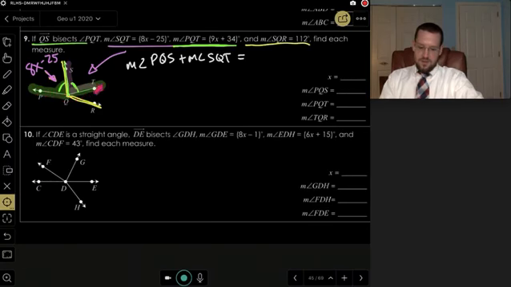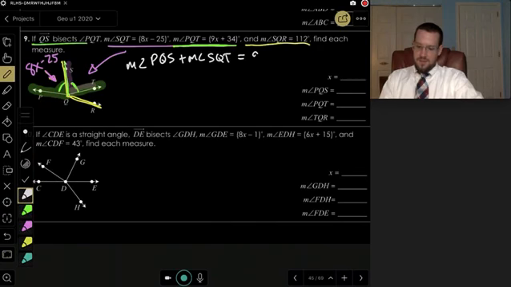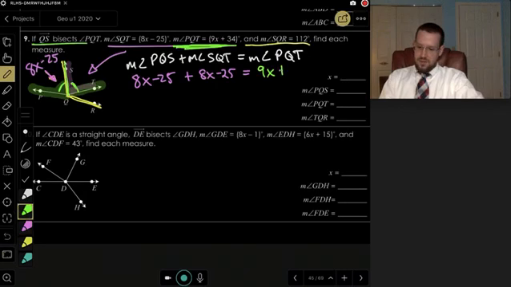So this is equal to the measure of angle PQT. And so look, these two things are the same, right? This one is 8x minus 25, plus this one is 8x minus 25. And what's it equal to? Well, it's equal to the whole thing here that we had in green. This is 9x plus 34.